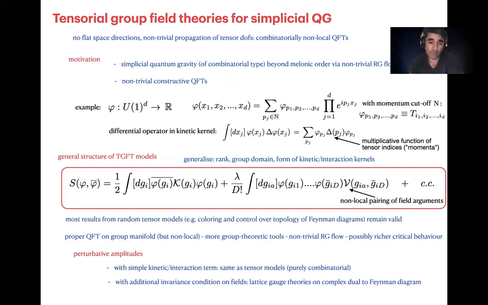In particular, with suitable invariance conditions on the fields, one can show that the perturbative amplitudes become lattice gauge theories on the lattice dual to the Feynman diagram, with the gauge group being the one chosen for the domain of the tensor field.